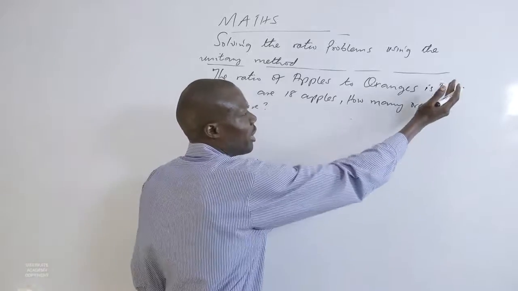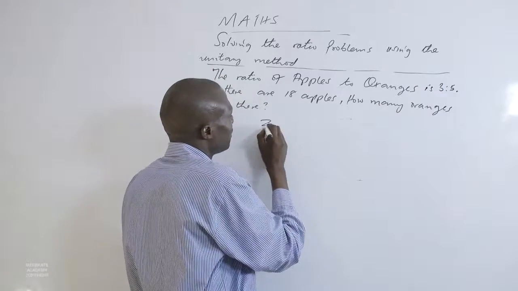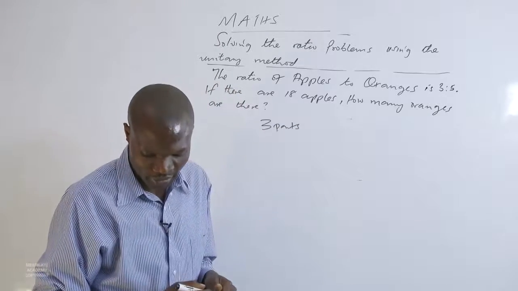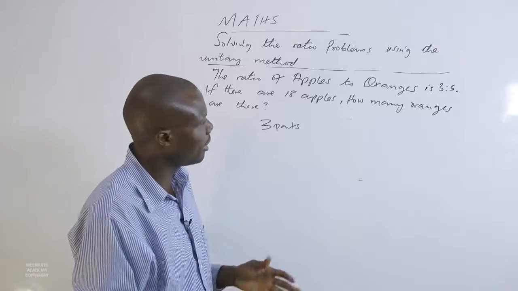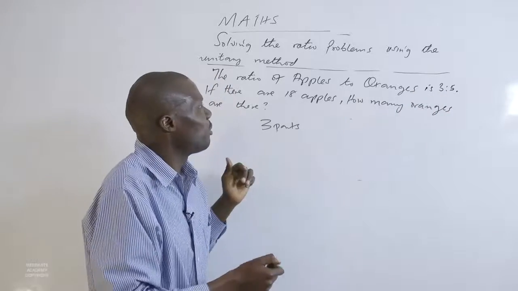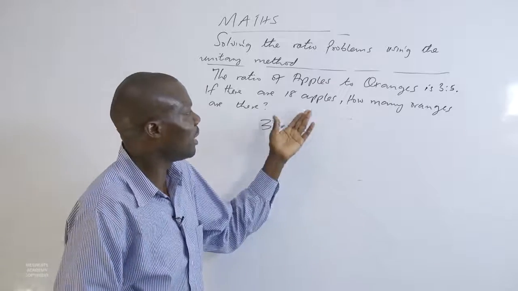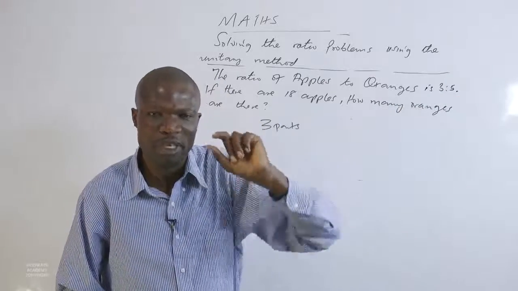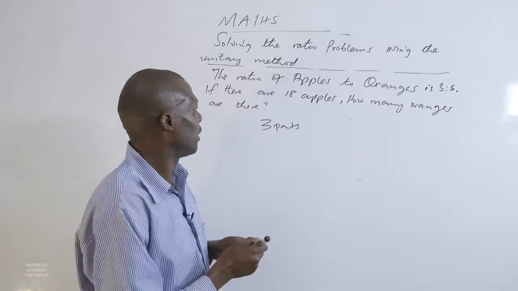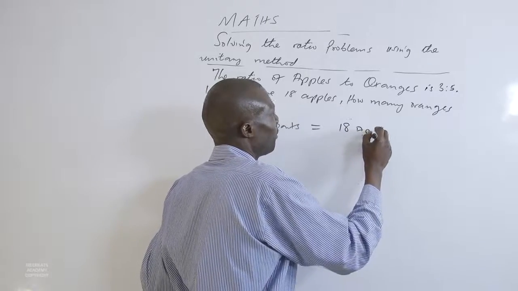So, when you look at this left-hand side, it is telling us 3 parts. If the ratio of 3 to 5 is equivalent to having 18 apples, and this 18 represents how many parts? 3 parts. Then 3 parts is equivalent to 18 apples.